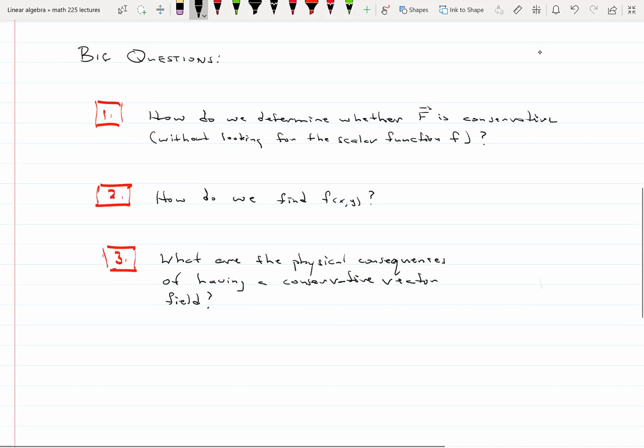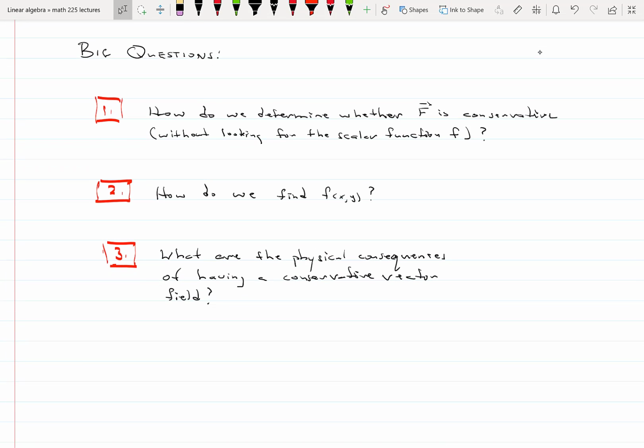Here are some really, really important big questions. First, how do we determine whether we have a conservative field, without actually looking for that scalar function f? Second, once we've determined through some sort of test that our vector field is conservative, how do we find the potential function?